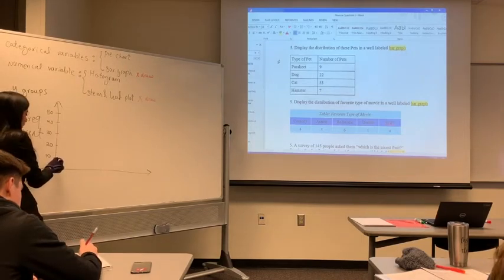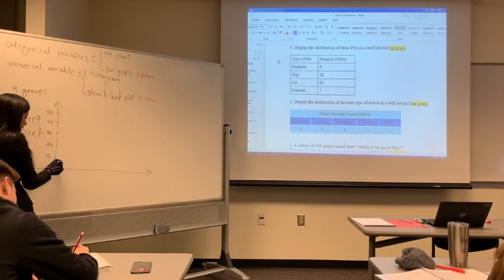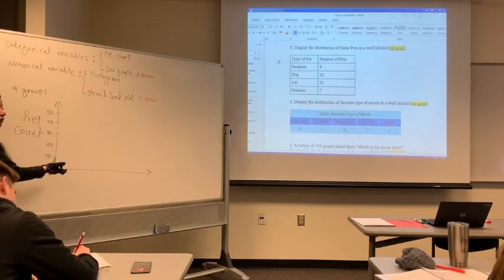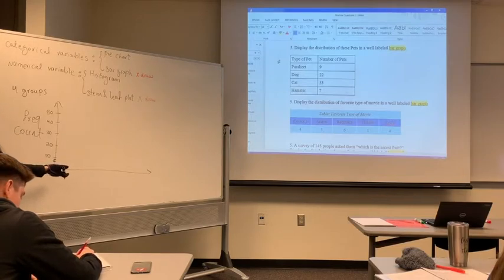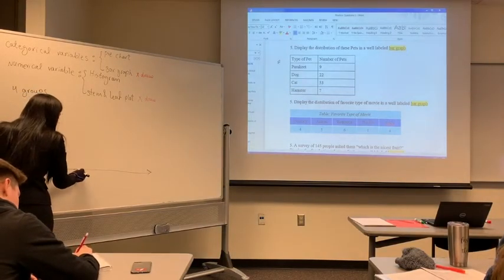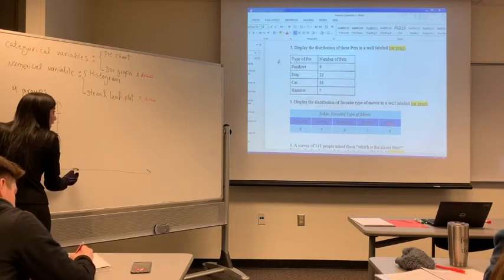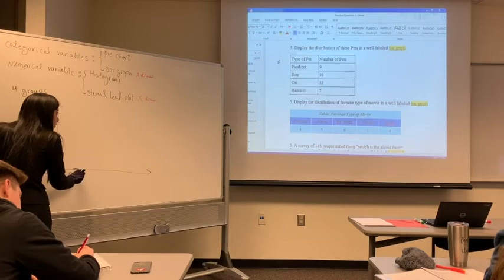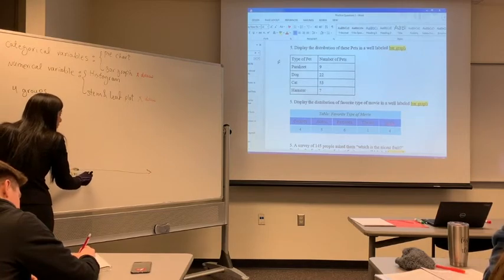And then 7 will be almost here. 9 will be almost here. So before doing that, let's show the categories on the other axis. So let's say here we have parakeet.